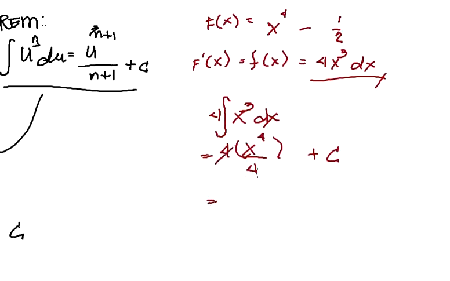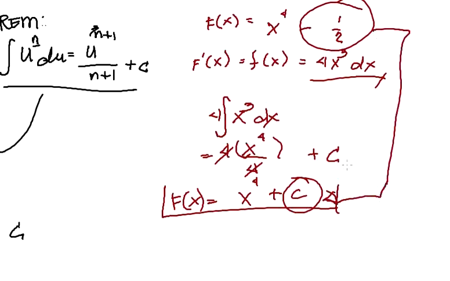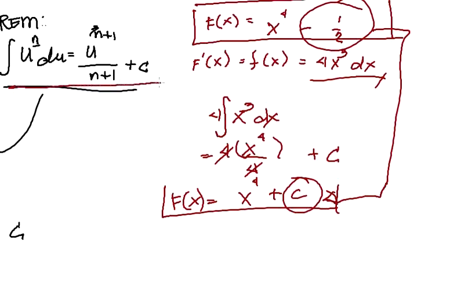Then our final answer is just x to the 4 plus constant c. So this constant here represents any constant that is available in your initial function. That's why in our main equation we always have this plus constant c there.